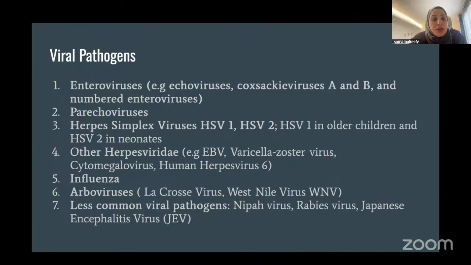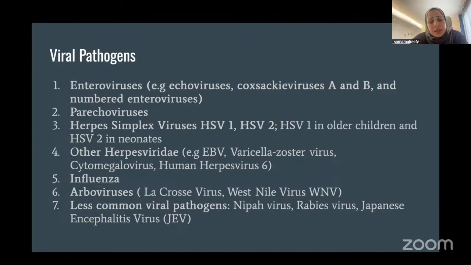So most common viral pathogens, we can see enteroviruses, such as echovirus, Coxsackie virus A and B, and the numbered enteroviruses, those that we know of as hand-foot-mouth disease. Parechoviruses, herpes simplex virus types 1 and 2.